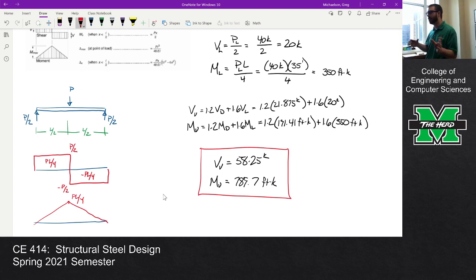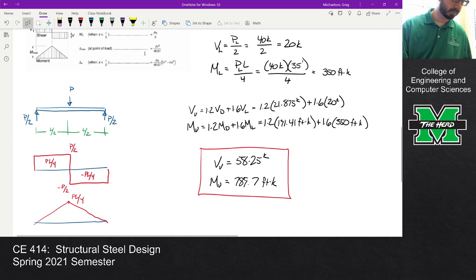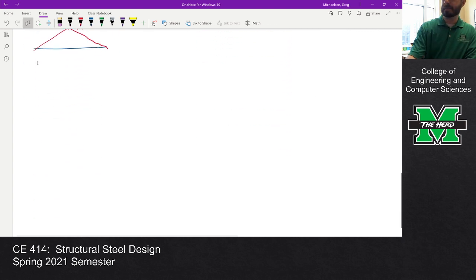I think that's probably one of the hardest parts of beam design. It's not the design, it's all the structural analysis. Everybody good? Okay. All right.